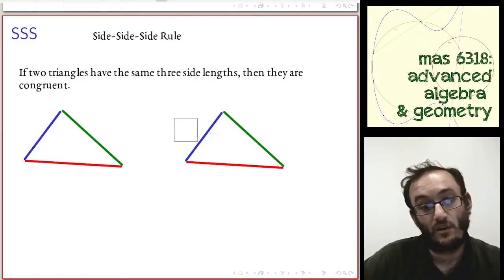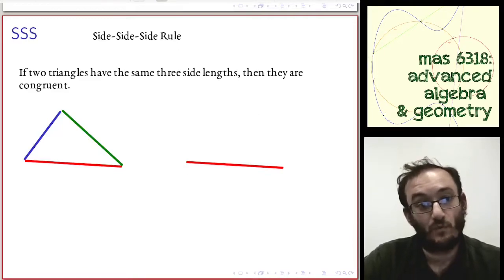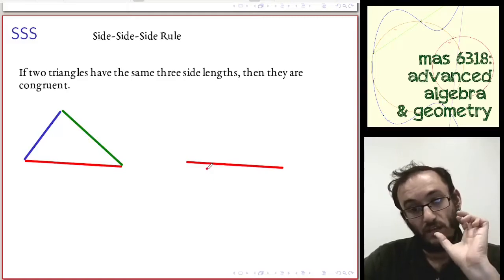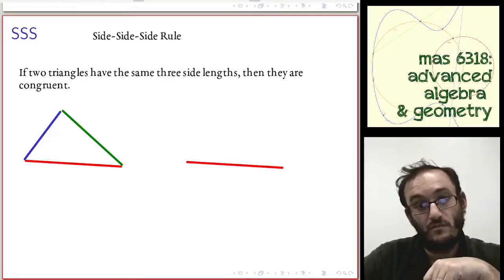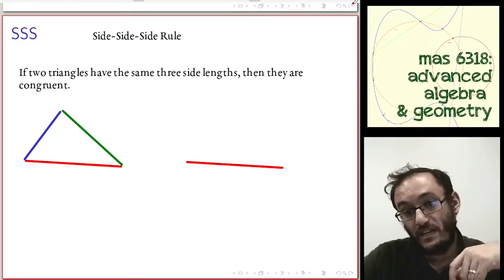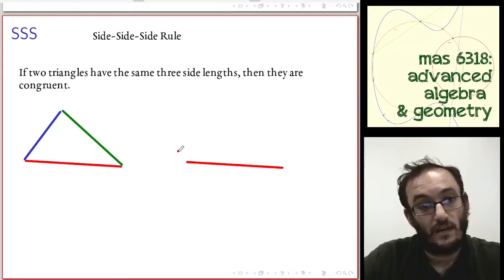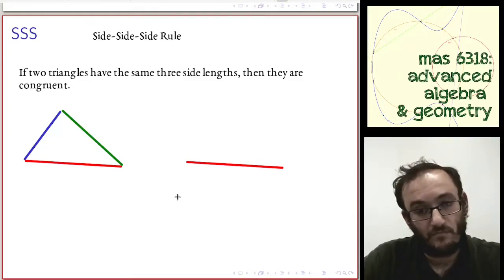So here's how I know that it has to be the same. Well, let's start with this red edge. I haven't made any choices yet, so I'm not placing any constraints that aren't there already, right?